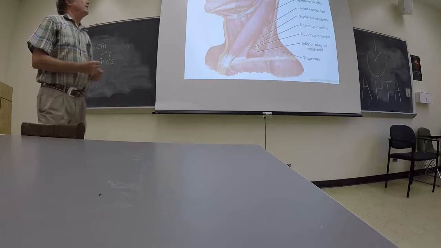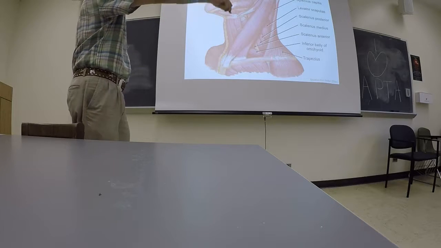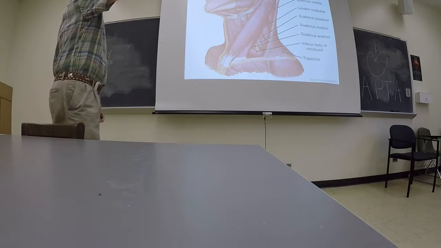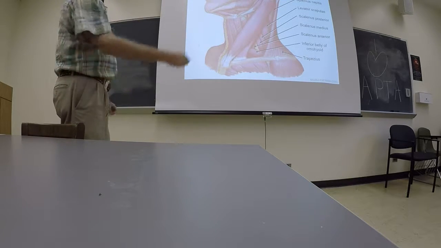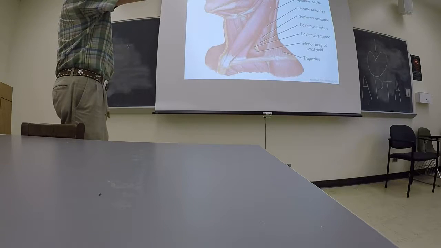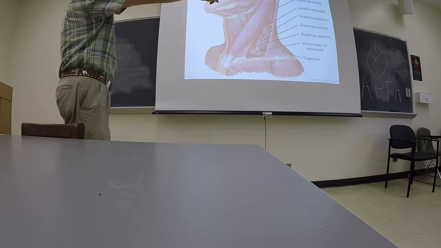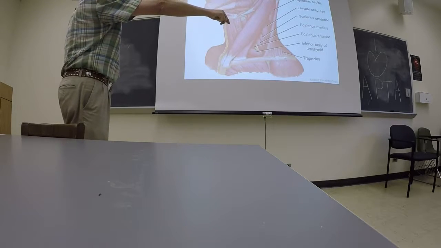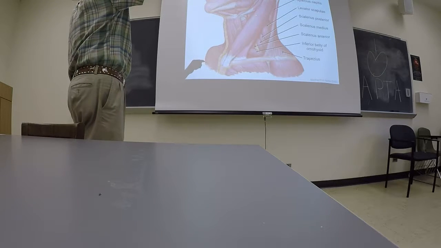In addition to the muscles that are forming the boundaries here, sternocleidomastoid and trapezius, there are a series of muscles lying within this triangle. Some of these you've seen before. Up high, splenius capitis. We saw that when we dissected the back. Levator scapulae, we saw that one before. It's coming from the upper part of the scapula and going into the cervical vertebrae up here.